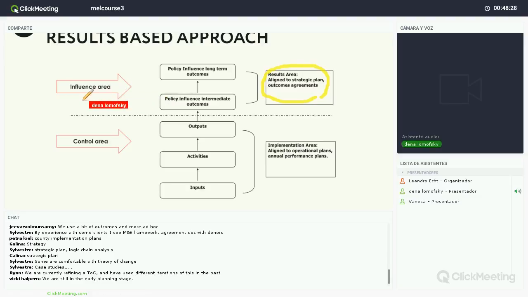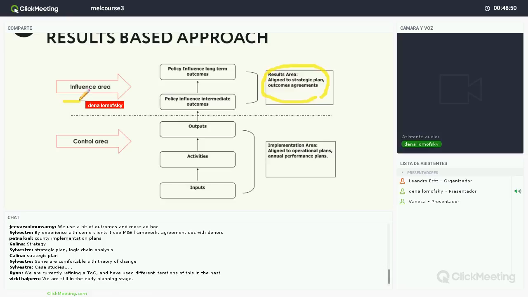And this is the area where we like to think about influence. So here's the line of control, because below the line of control are the things that you can control as a program or project, and above the line of control are things like changes in behavior, attitudes, motivations that you cannot control, but you can only hope to influence.